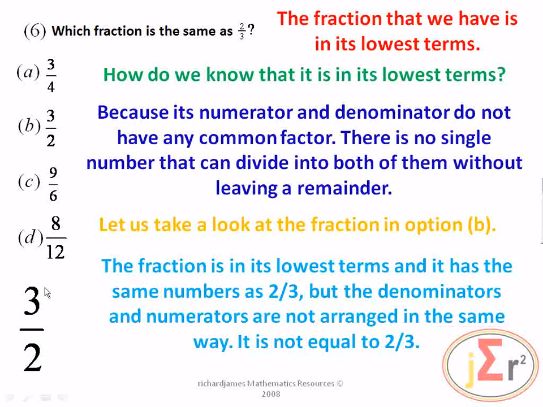It has the same numbers as 2/3, but the numerators and denominators are not arranged in the same way. So although we have a 3 and a 3, we have a 2 and a 2, the fractions are not equal, they are not the same, because the 2 is in the numerator in this case, and the 2 is in the denominator in this case. So those two fractions are not equal.